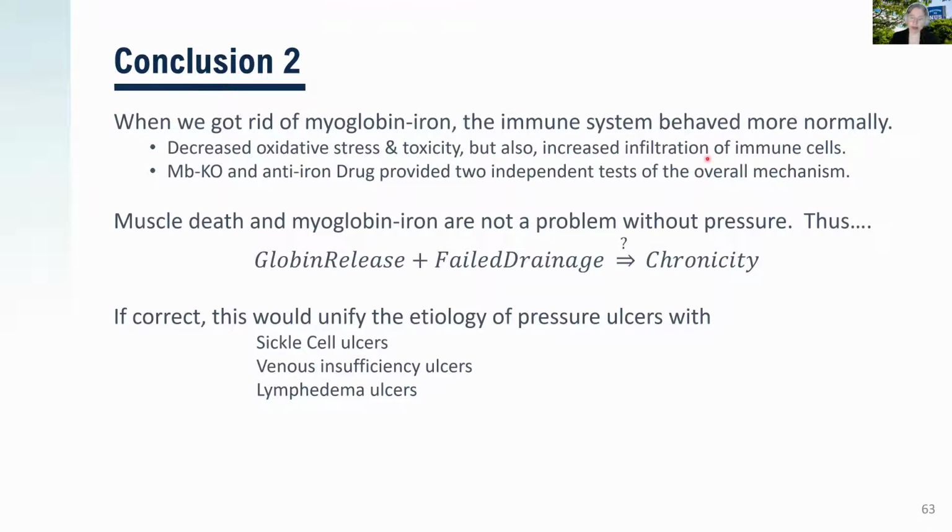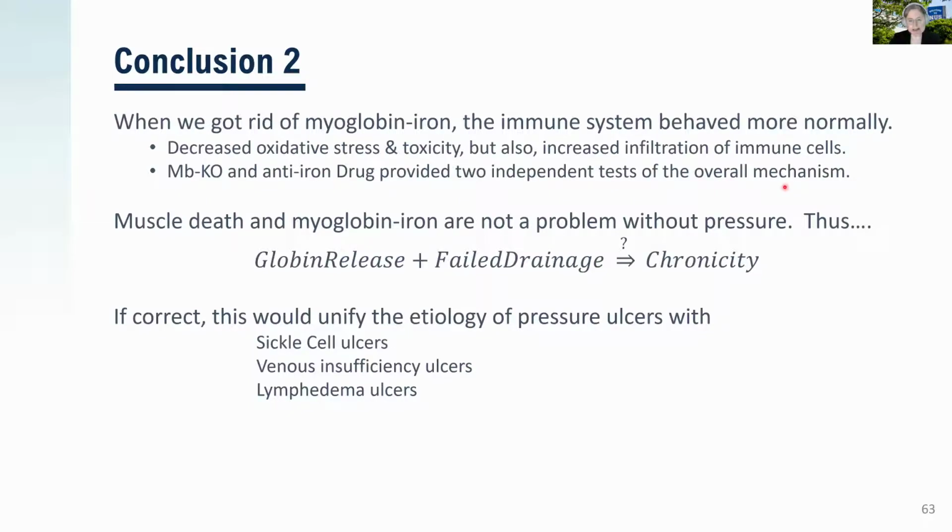Now, obviously, you can have too much immune cell infiltration in an overly inflamed wound, but at the time and place where we're measuring it, I think the immune cell infiltration should be viewed as a sign of normal, healthy injury response. So whether it was knocking out the myoglobin or targeting the iron with the drug, these are two independent tests of the general hypothesized mechanism.